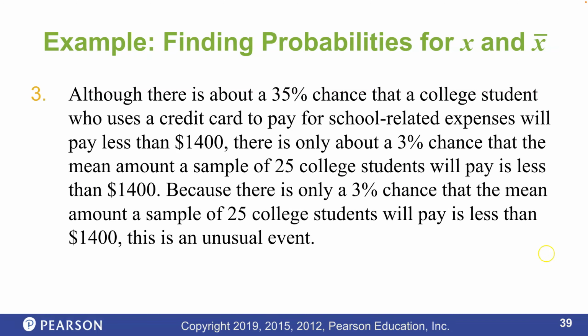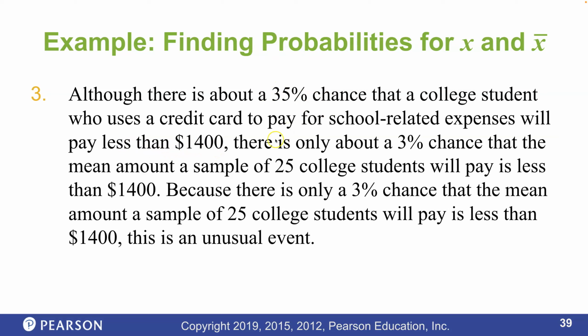Although there is about 35% chance that one randomly selected college student who uses a credit card to pay for school-related expenses will pay less than $1,400, okay, I wouldn't consider that to be unusual.